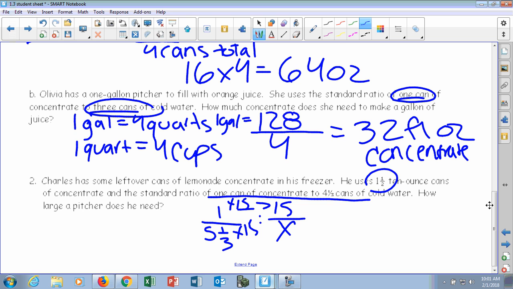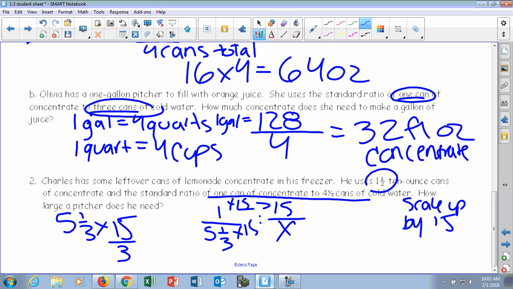It scales up by 15. I'll give you about 2 minutes to determine what our X would be here. Okay. 80, right? When we multiply it, 5 1/3 times 15. We can divide it and then multiply. Who said 80? Was it Brayden? Yeah. So when we get it, our X equals 80 ounces.